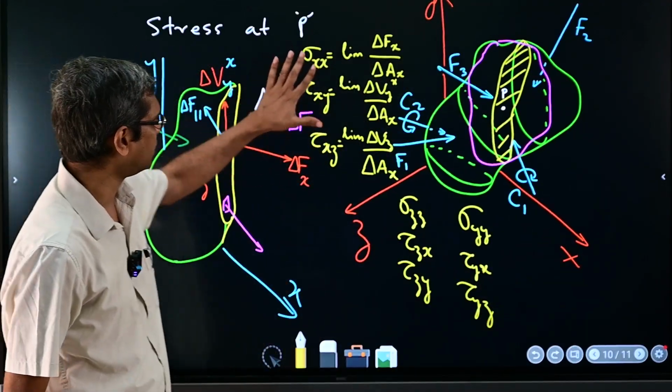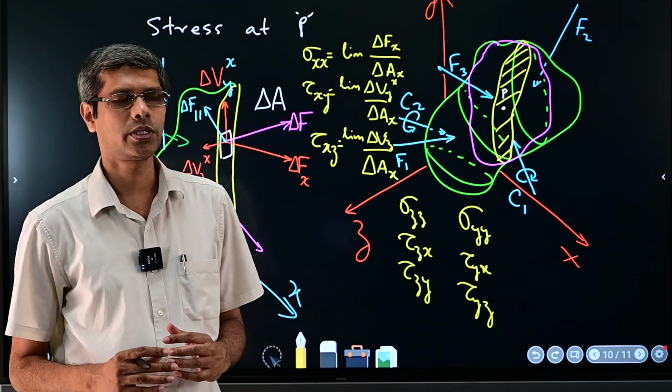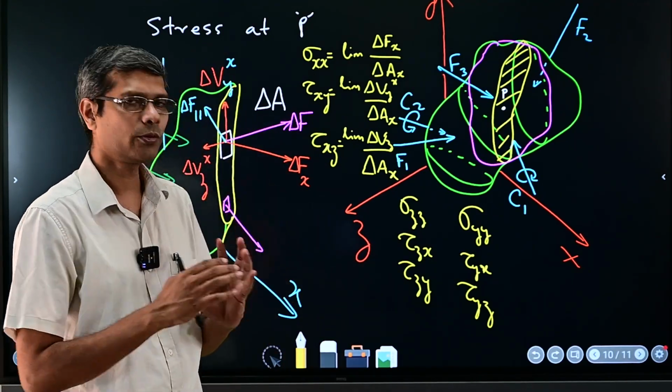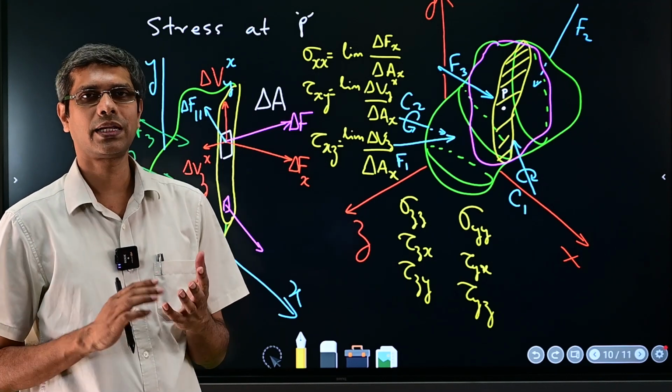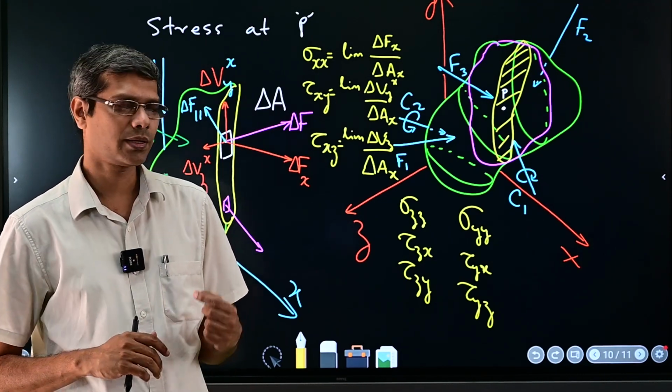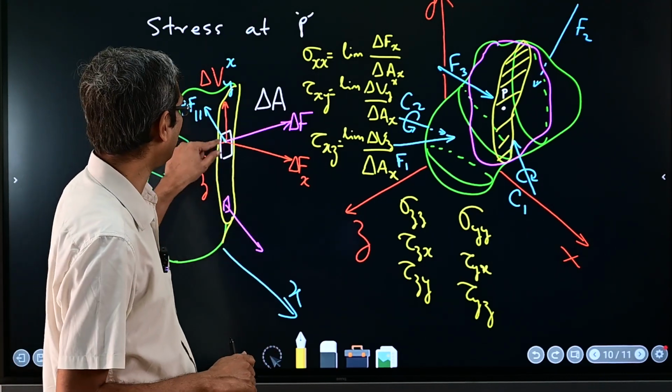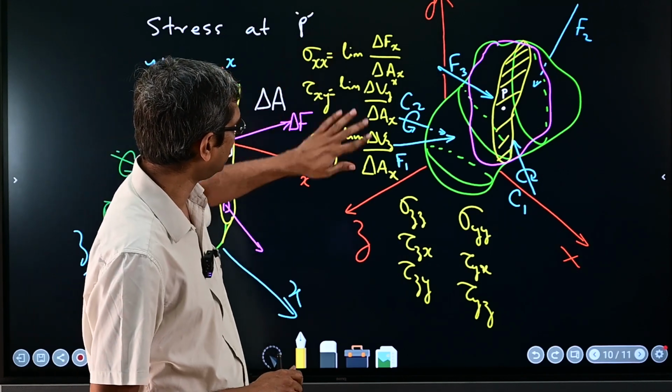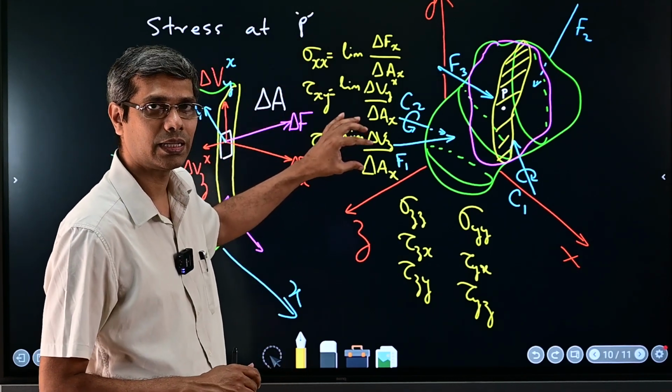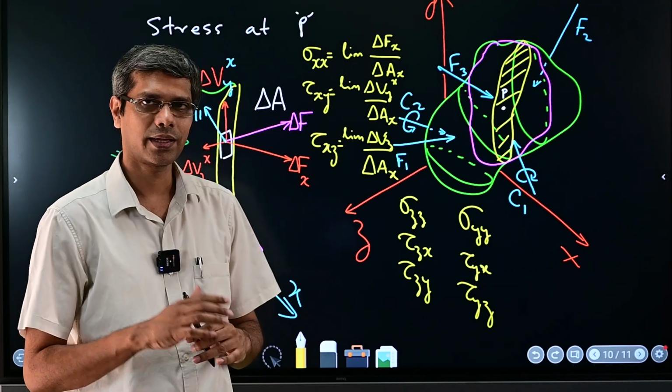So these are the 9 numbers which if you specify, then you can say that I know the state of stress at that point P, because all these things are evaluated in the limit when delta A tends to 0.